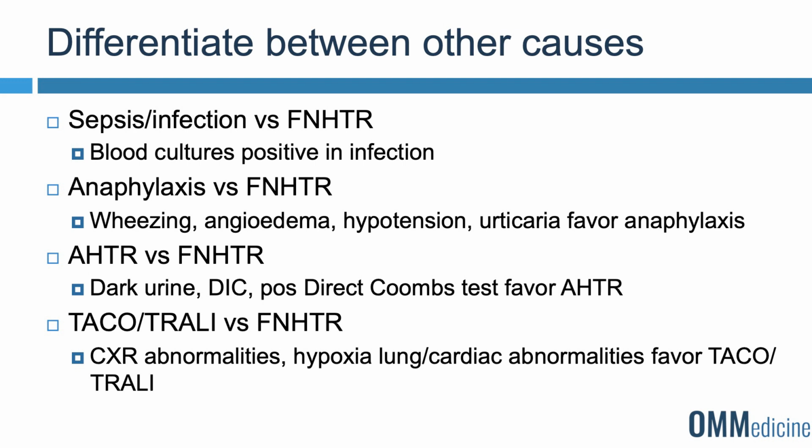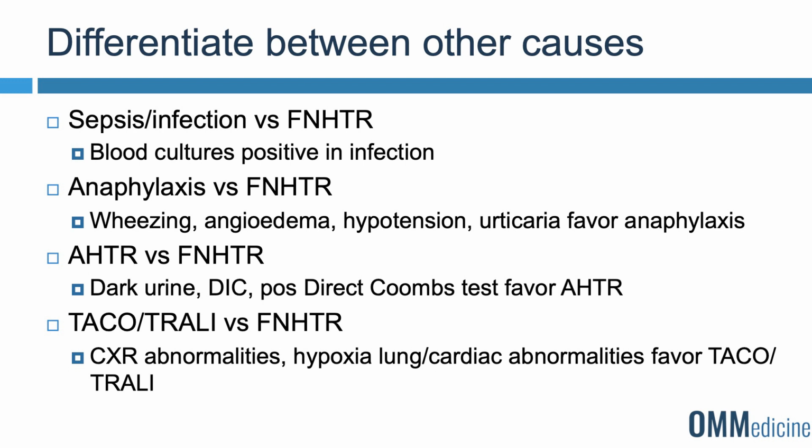So if a patient was experiencing sepsis or an infection, you would expect the infectious workup to be positive, whereas in this type of transfusion reaction, it would be negative. Now, you can differentiate anaphylaxis from this type of transfusion reaction largely based on the clinical symptoms, and therefore wheezing, angioedema, hypotension, urticaria are all going to be indicative of anaphylaxis rather than this type of transfusion reaction.